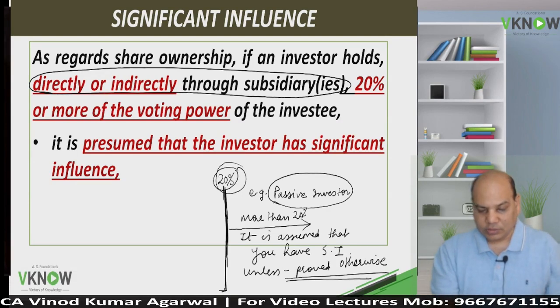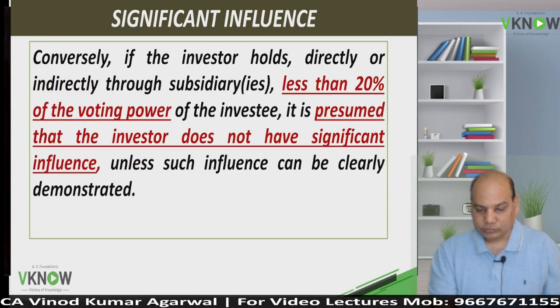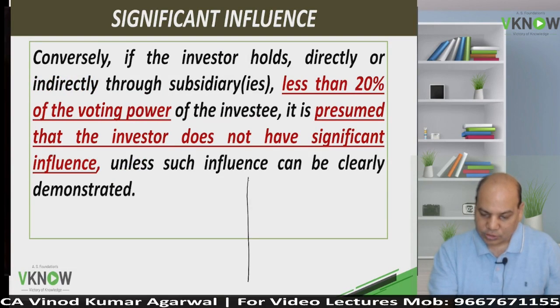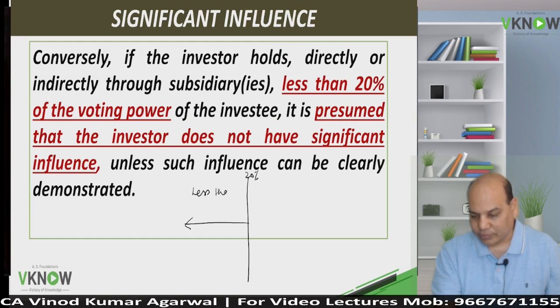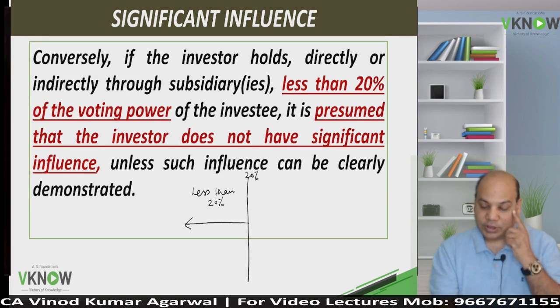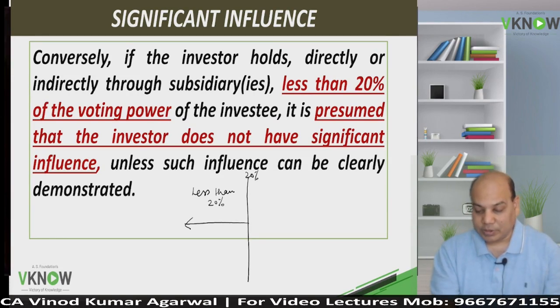And another thing is that suppose this is the 20% line, and you are holding less than 20%. A company is holding less than 20% share in another company, then it is assumed, what is assumed?